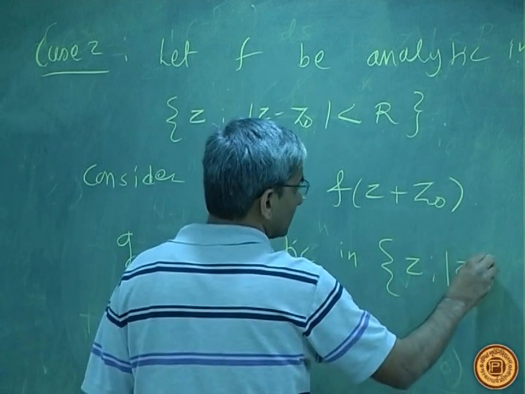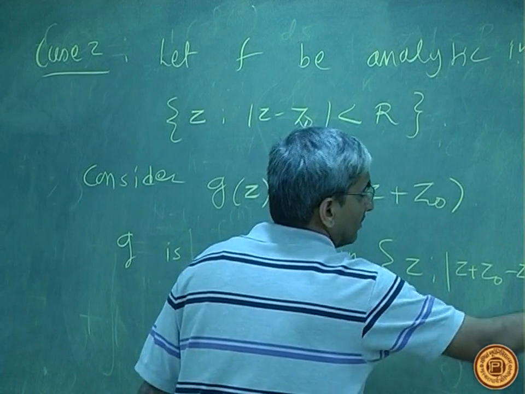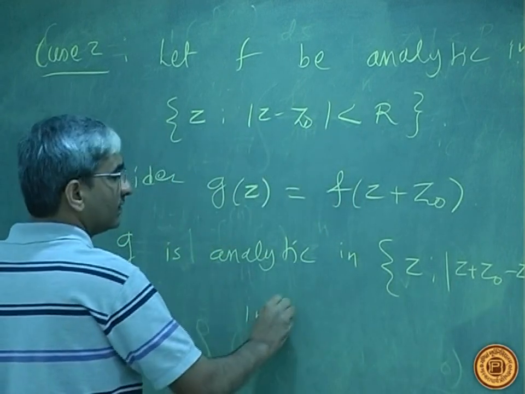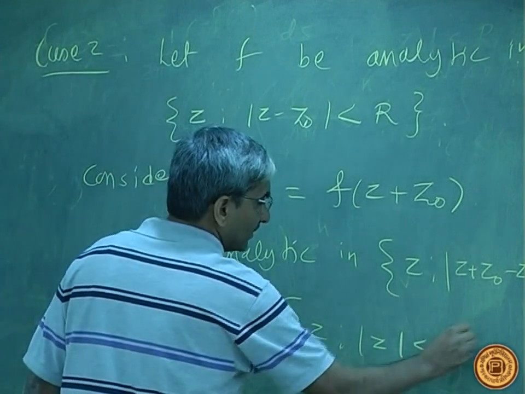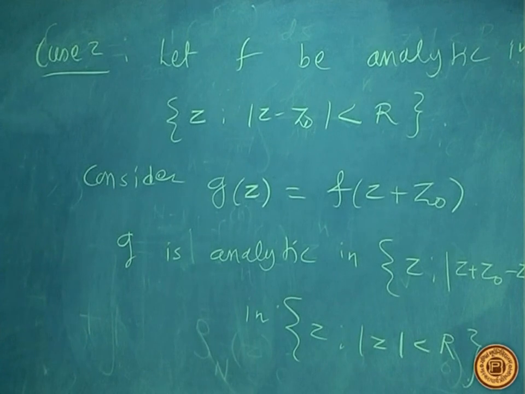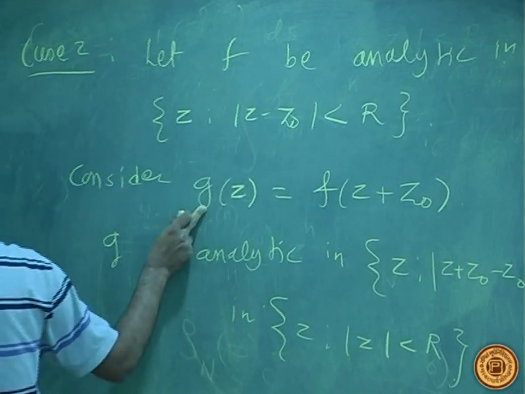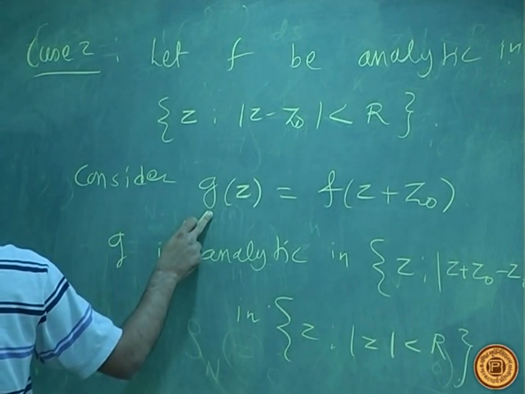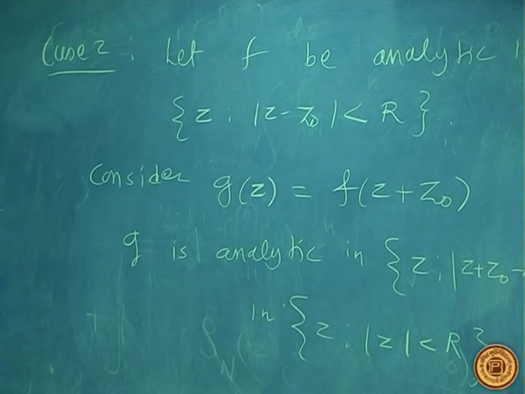So z plus z naught minus z naught is less than r, that is, in z such that mod z is less than r. That means now we have a disk around the origin. So we have again come to the origin, and then we want to use our earlier theorem for g. Is this clear? Around the origin we already have the expansion, so that we will apply to g.